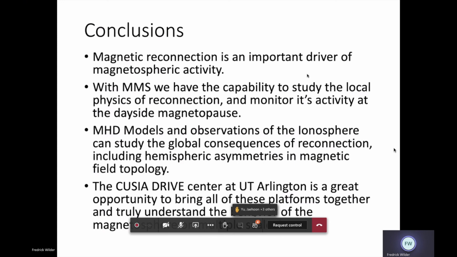We're also going to experiment with some string of pearls formations, which means it would punch through different regions in sequence rather than as a tetrahedron. Depending on the scale size of what you're looking at, you can separate spatial and temporal variation. We often use techniques to calculate the speed of structures as they flow past the spacecraft, for example.